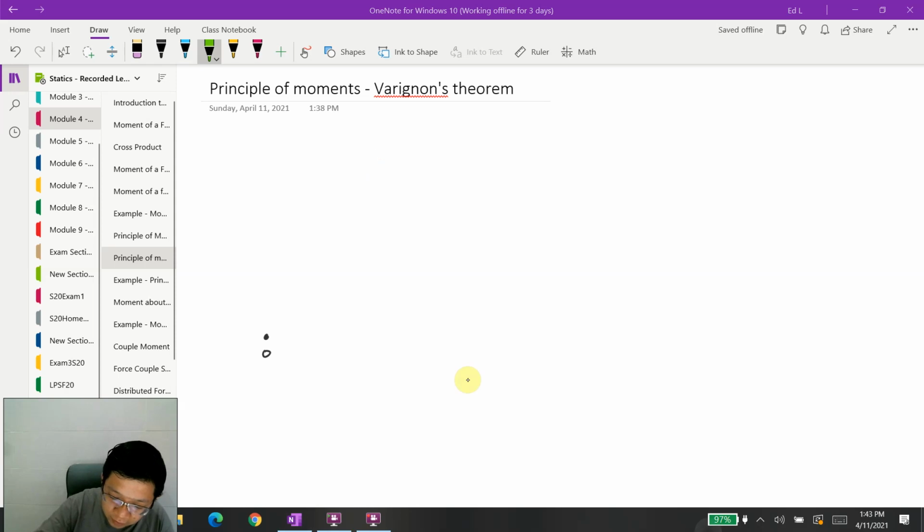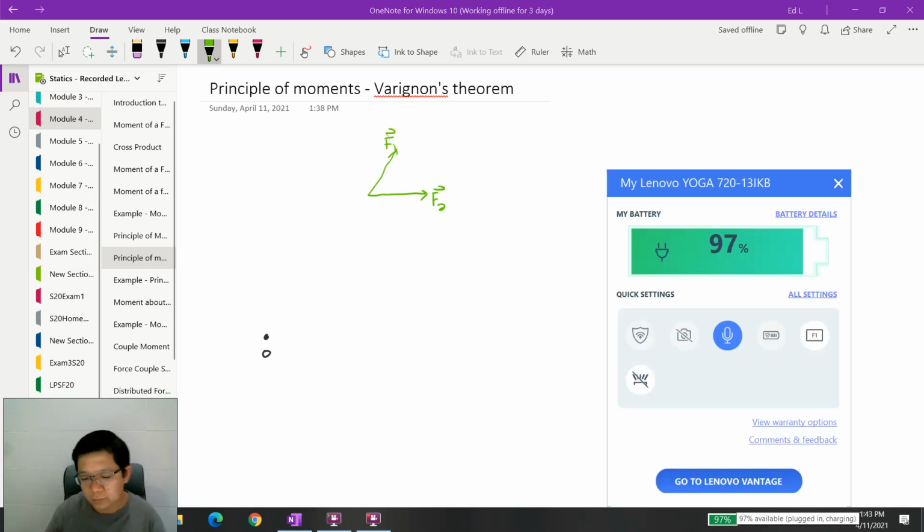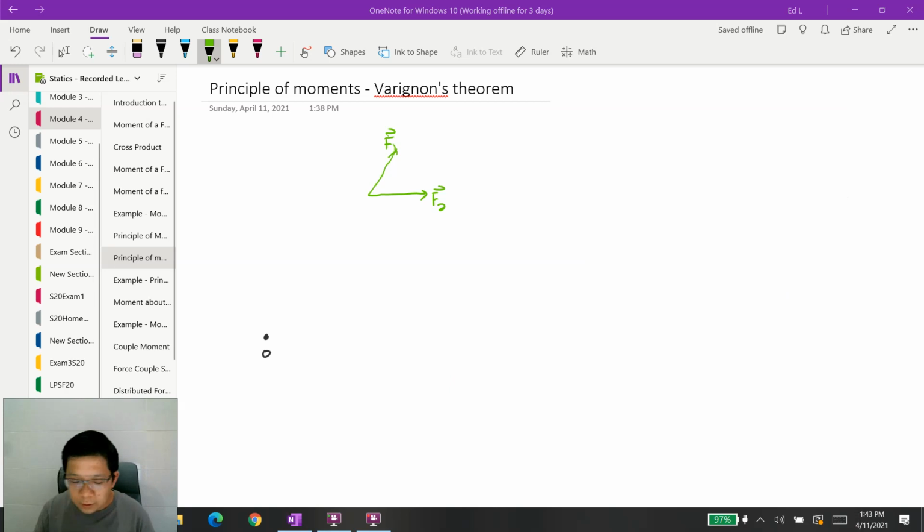From what we have learned in module 2, we can calculate the resultant force of F1 and F2 with the help of the parallelogram sketch.